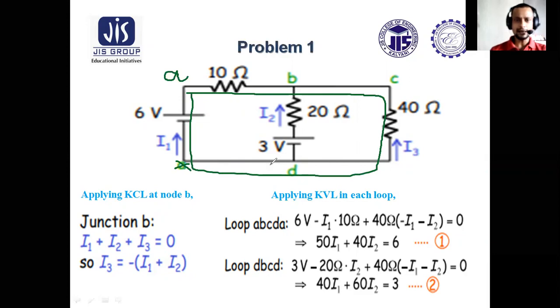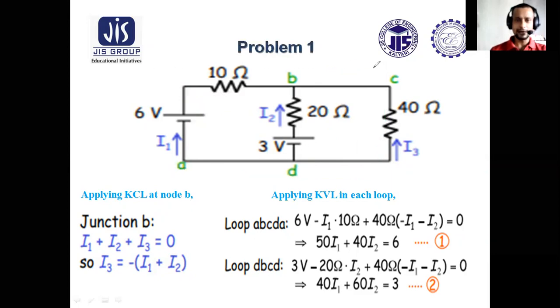You can consider any two loops. You can consider this loop and this loop, or you can consider the outer loop. So it's up to you. So if we apply KVL in the ABCDA loop, what will happen? Let us start with this. To apply KVL, first you need to assume a direction of travel.